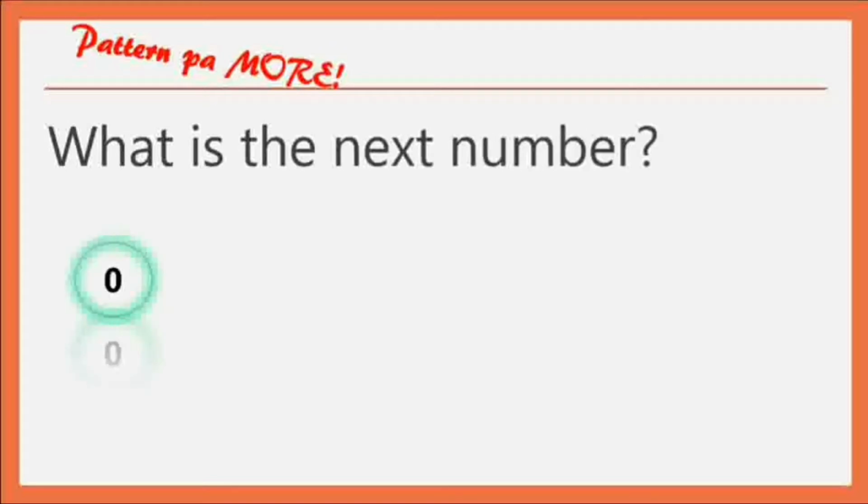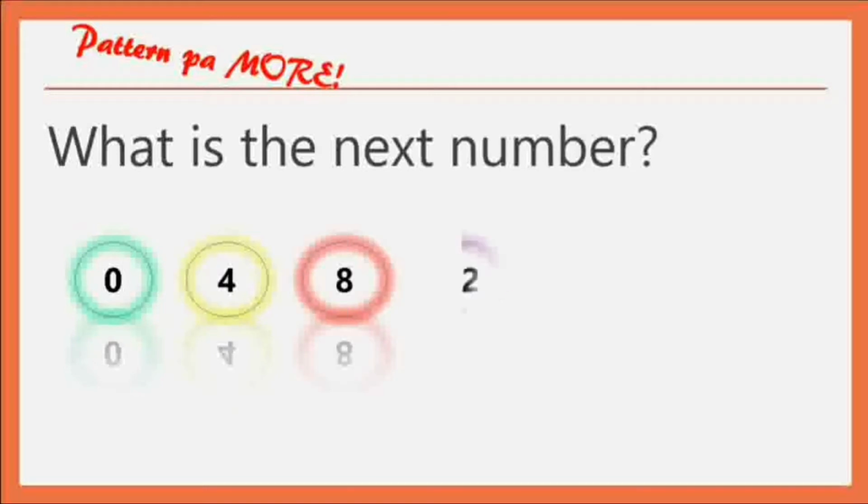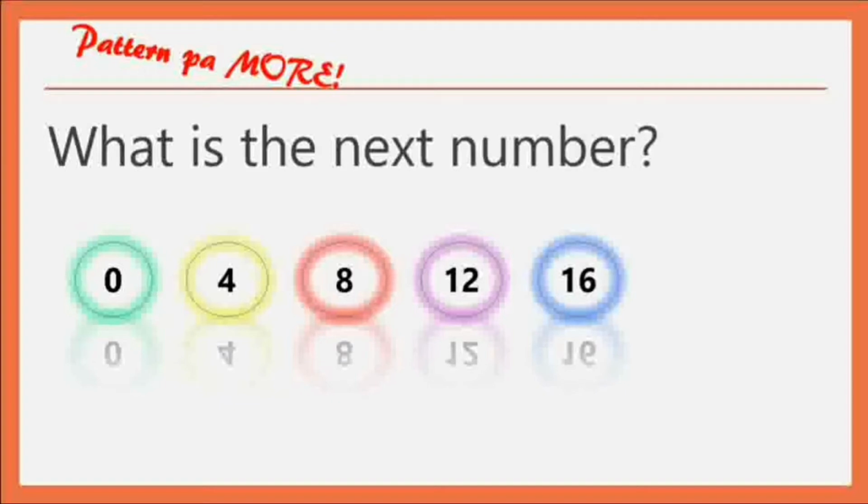First, we have 0. Second, we have 4. Third, we have 8. Then fourth, we have 12. Fifth, we have 16. And then, what is the next number after our 16? Yes, very good.